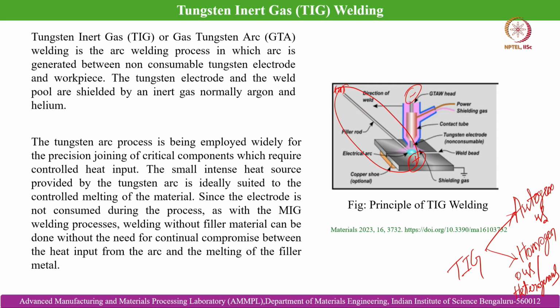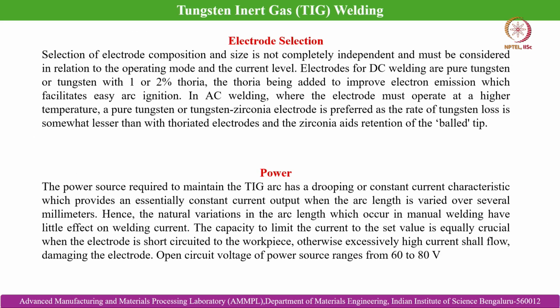As such, unlike the MIG technique, welding without filler material can be done without the need for continual compromise between the heat input from the arc and the melting of the filler metal. So, in situations where autogenous welding fits the bill, it is always recommended to go for TIG rather than MIG. Okay. So, in this case TIG electrode selection is key.